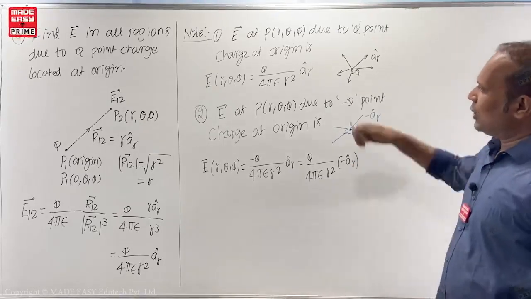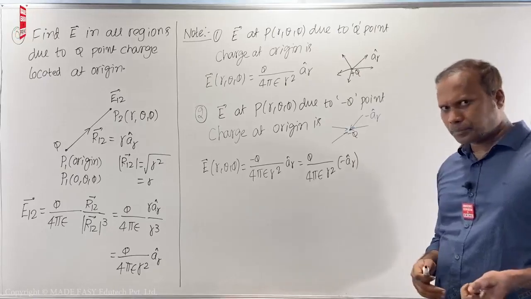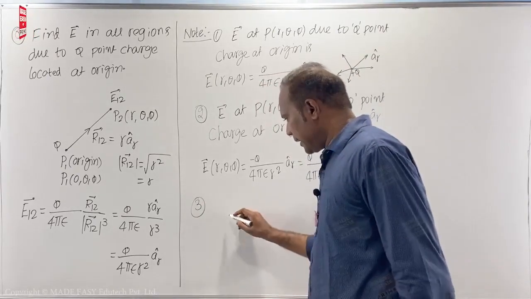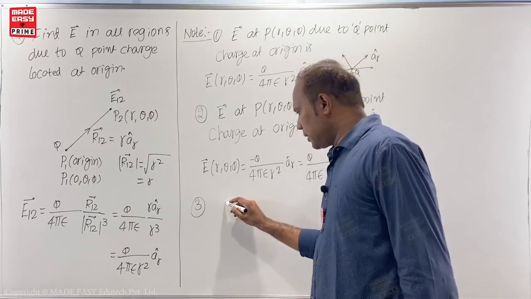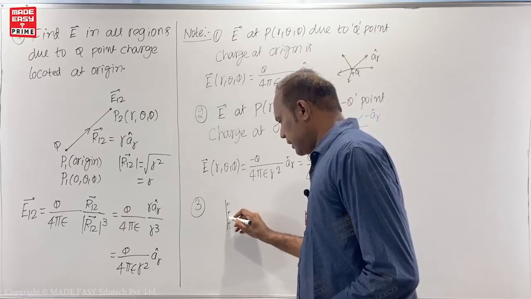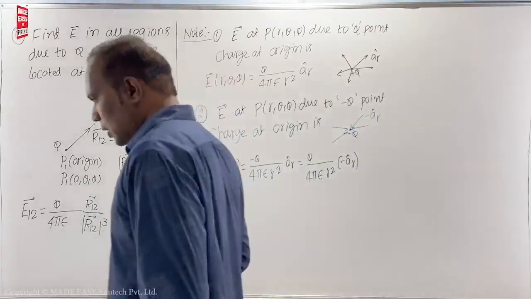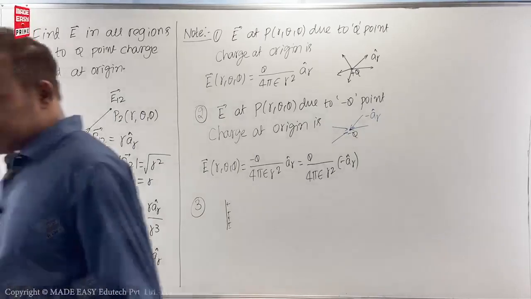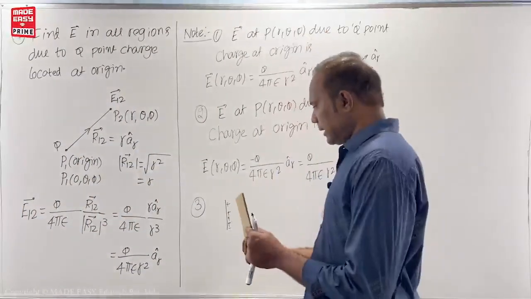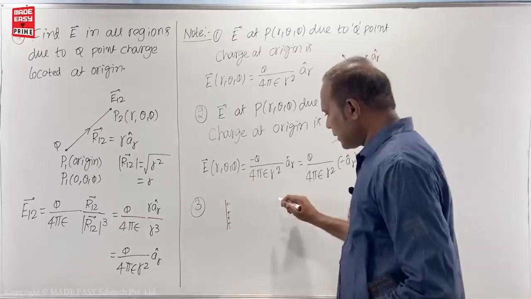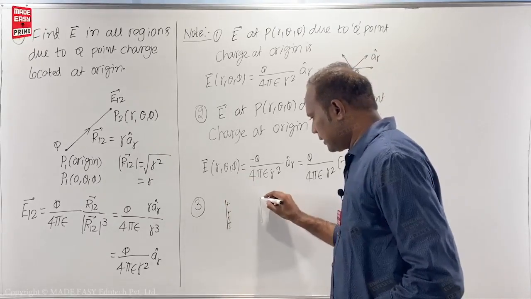So from these two, what is the conclusion? Electric field lines, for example, there is a surface here, a positive charge surface. Let us say this is the surface, and this positive charge is there. Then that surface looks like a line. Now, there is another surface here.